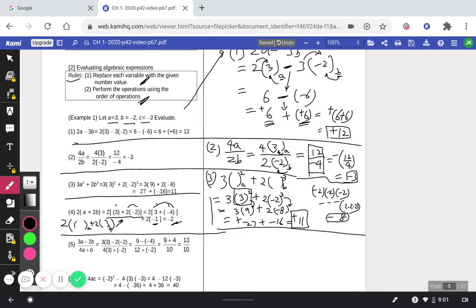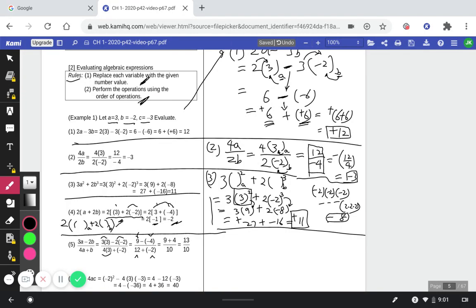Now, next question, number 5. 3a minus 2b divided by 4a plus b. So you replace a and b with parentheses and put 3 for the a's and negative 2 for the b's. And then you do the order of operations. 3 times 3 is 9 minus 2 times negative 2 is negative 4. And 4 times 3 is 12 plus negative 2.